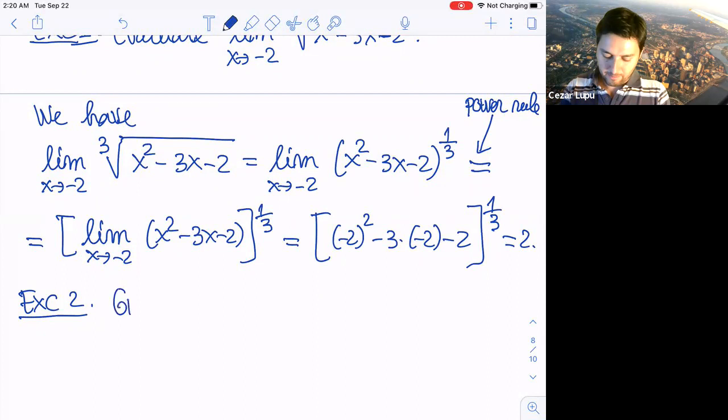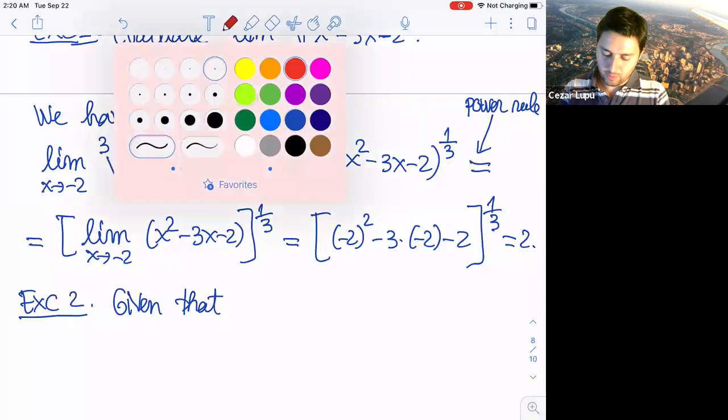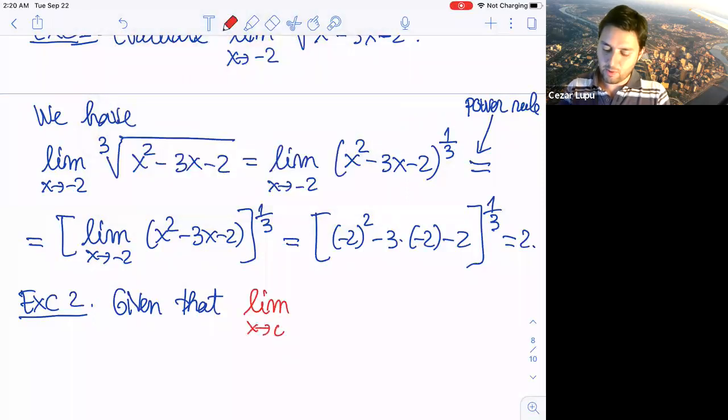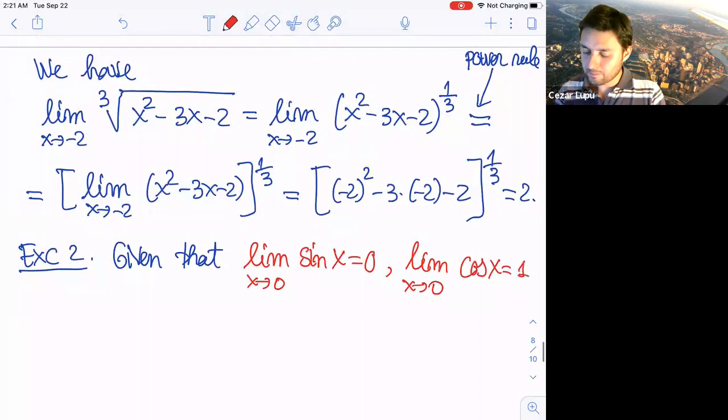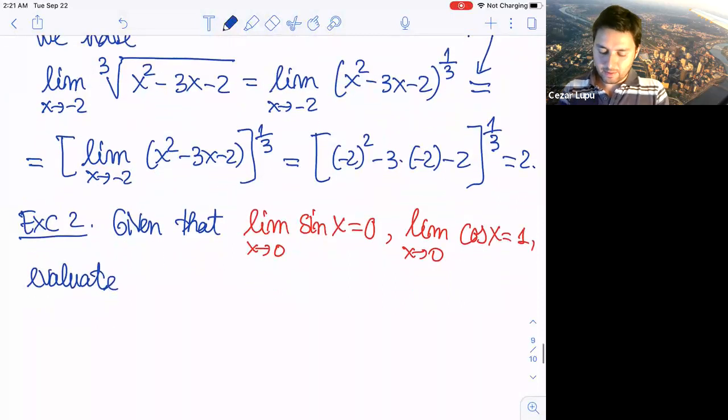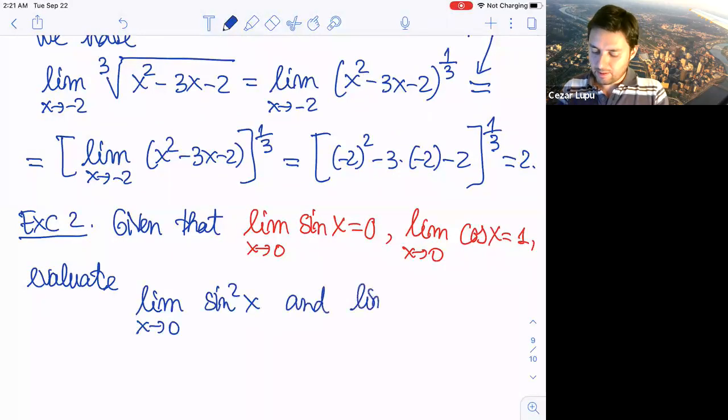Given that it's quite easy to see that the limit as x approaches 0 of sine of x is 0, and the limit as x approaches 0 of cosine of x equals 1, evaluate the limit as x approaches 0 of sine squared of x, and the limit as x approaches 0 of 1 minus cosine of x.